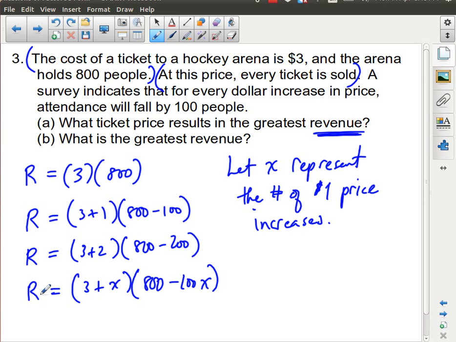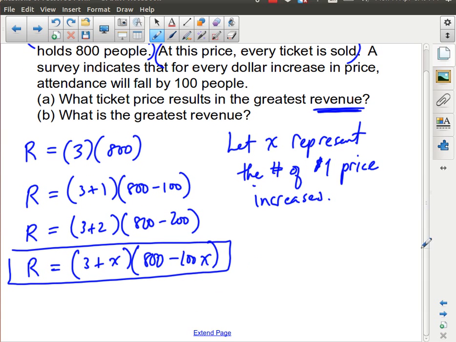So now that we have our equation for revenue in terms of our variable, it's a factored form quadratic equation. We want what ticket price results in the greatest revenue, and you have to be careful here. So let me go ahead and solve the first part of it. When I've got something in factored form, I am trying to find the greatest, which means a maximum, which means a vertex. So what do I do to find that?